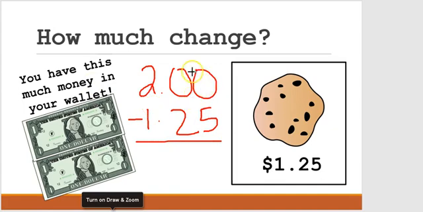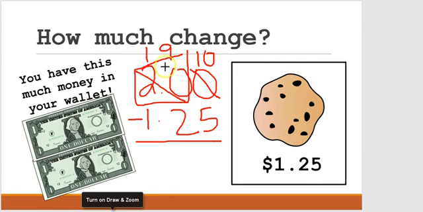Well, let's start here. 0 minus 5 I cannot do. I need to regroup. So when I regroup, I make this 0 a 10, and I'm able to turn this 20 as I regroup it into a 19, and that's how I get the 10 over here.